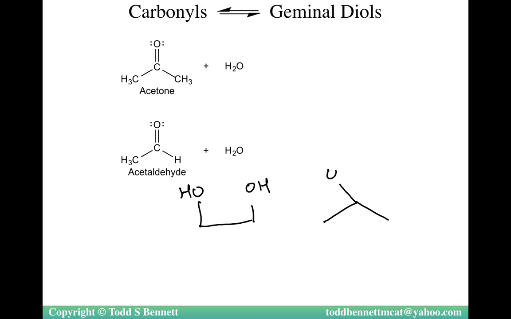And so there's two types of diols we're going to deal with in this chapter. The one for now is known as a geminal diol. And I want to figure out where the name comes from. As with a lot of the terms we use in chemistry, they come from some base language, Greek, Latin, etc. If you know the term Gemini for twin, then geminal, they're both coming from the same carbon.